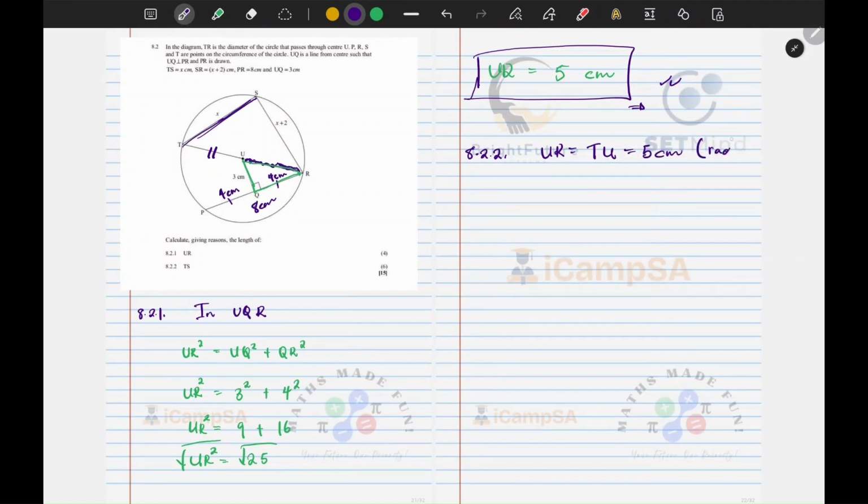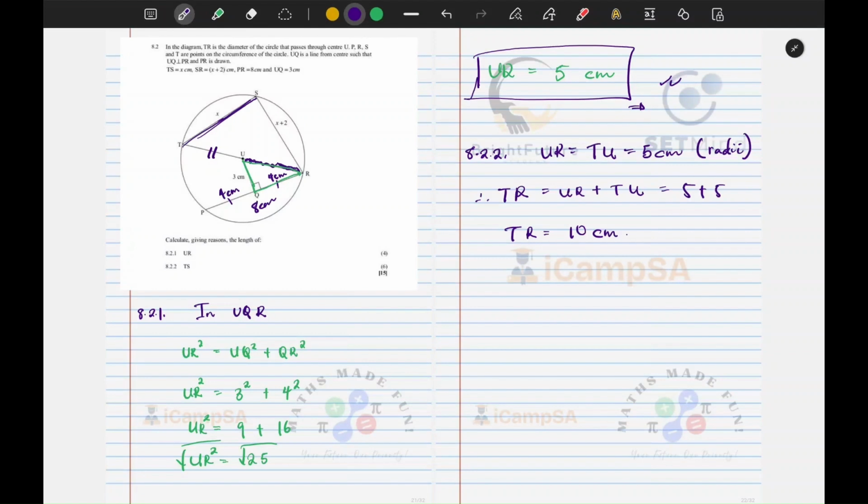Why? They are both radiuses. Great. So therefore your TR is going to be UR plus TU, which is 5 plus 5. So your TR is equal to 10 centimeter.